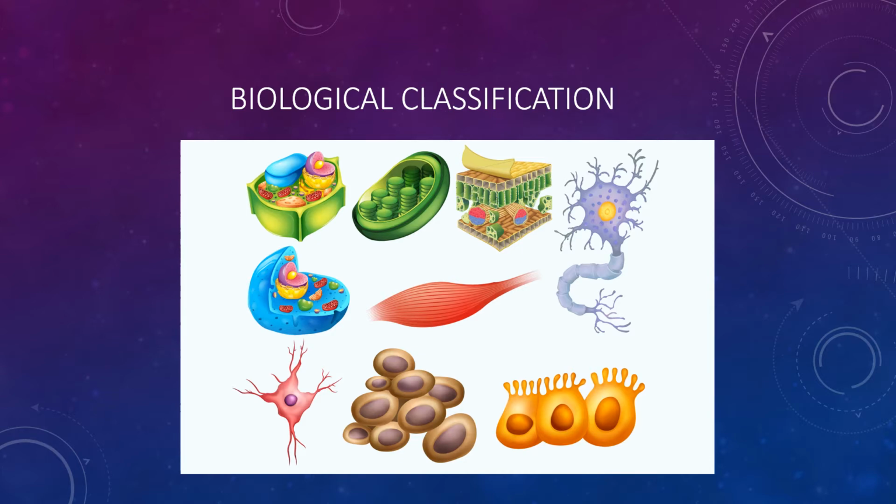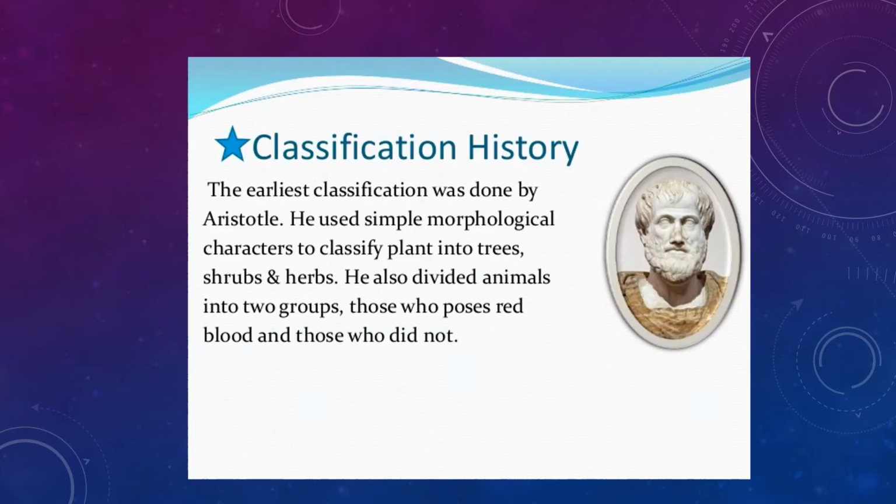Initially, the classification was done stepwise. Now, before I discuss with you the actual biological classification, I would like to brief you on the initial steps which were taken by some of the scientists for classifying the different plants, animals, etc. surviving on the earth.